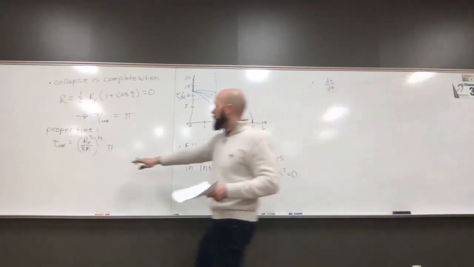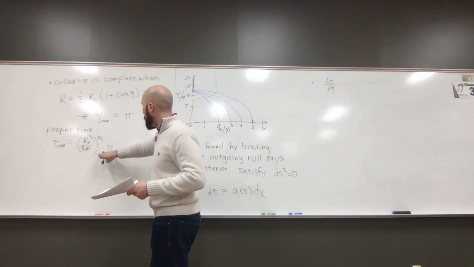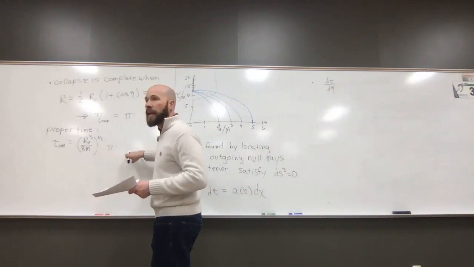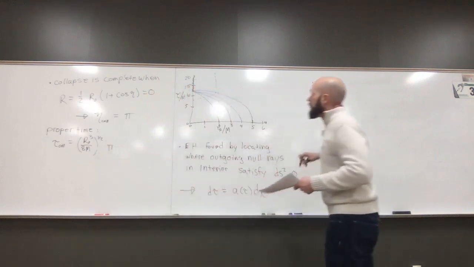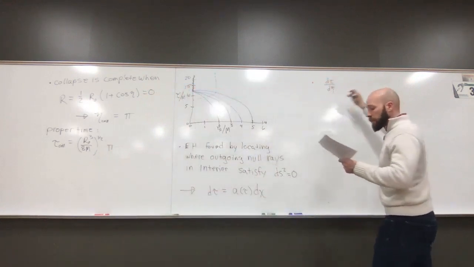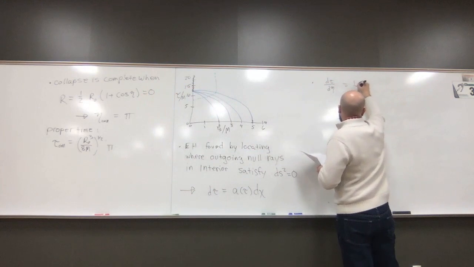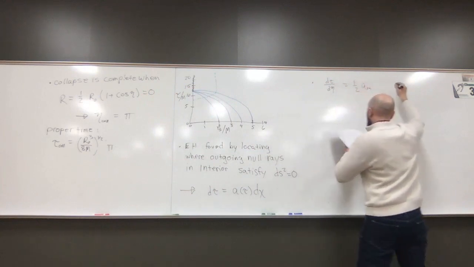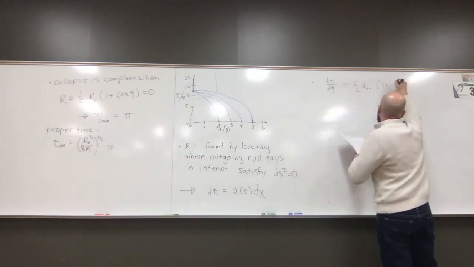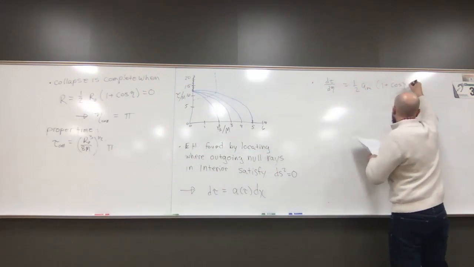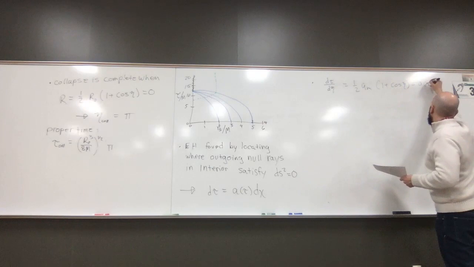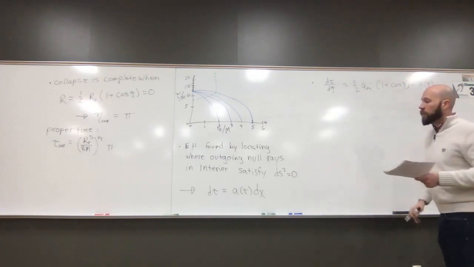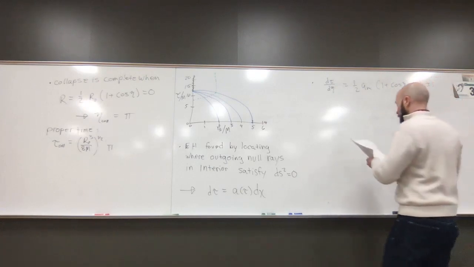Here it would be eta plus sine eta, right? And so I'm just going to take d tau d eta. That just gives me 1/2 a_m times 1 plus cosine eta, right? And this must be equal to a of tau for our event horizon, okay?